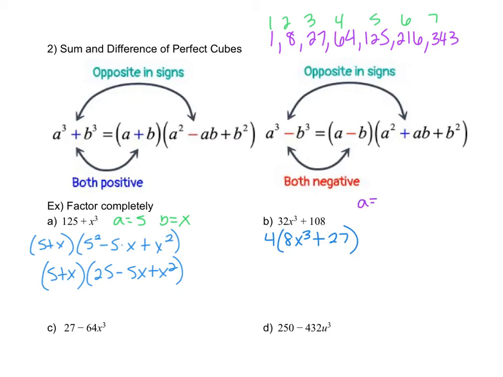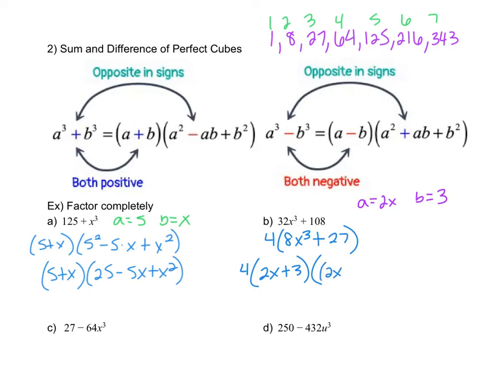So your a term now is going to be 2x, and your b term is going to be 3. So let's go ahead and do this. And remember, we have that 4 floating out there. So since it's a positive in between, we're going to use the first one. So we're going to have a plus b, so 2x plus 3, times my a squared.